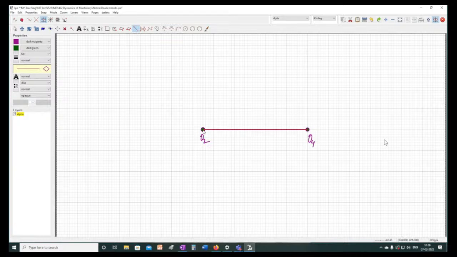I am drawing that line here. Just be with me. I am drawing a line here, and I am sorry, I am drawing another line passing through this point.